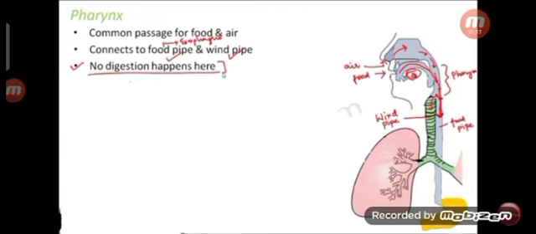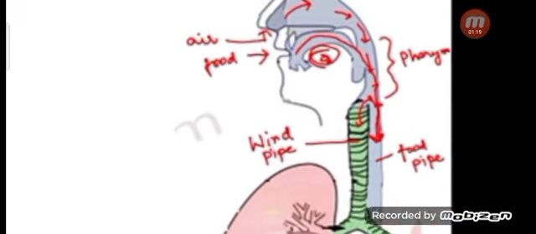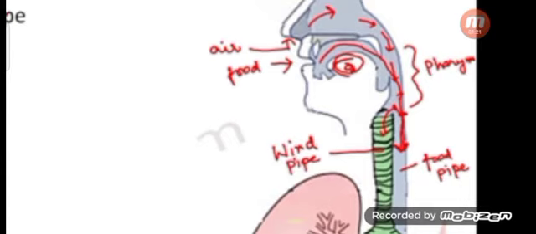So look at the diagram carefully. You can see the pharynx written on the screen, with an arrow for a pipe. From the nose we take in air, dust, and the sense organs used for smell are also present. From the mouth we take in food.